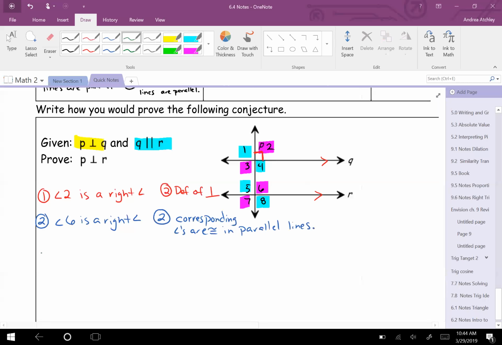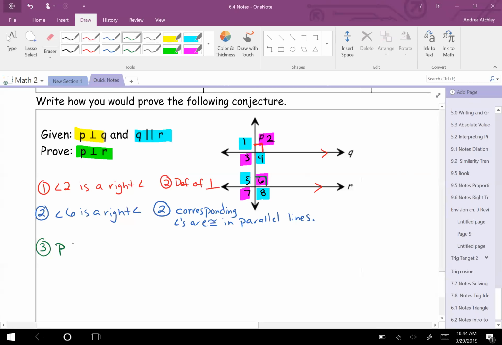Okay, step 3 now. Now that I've said that this is a right angle, I can now do the prove, which is that P is perpendicular to R. Any ideas on why I know that?